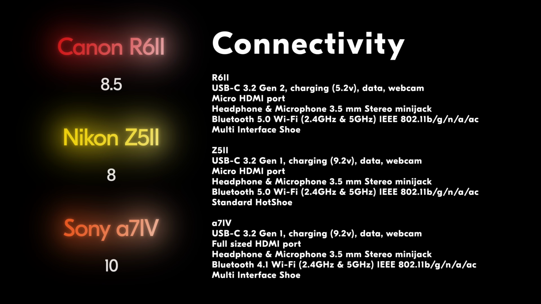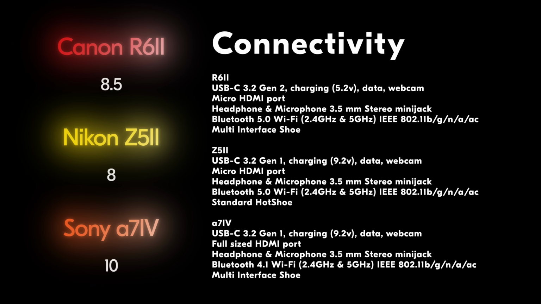Both the R6II and the Z5II have micro HDMI ports, whereas the A7IV has a full-sized port. The multi-interface shoe is something that I've talked about before. The fact that the Nikon hot shoe is less functional, and that is specifically what this category is about, does lose slightly there on that front.